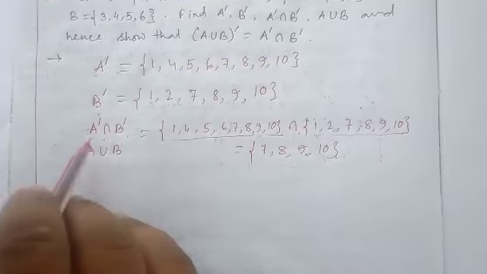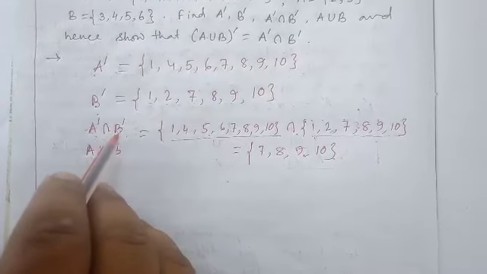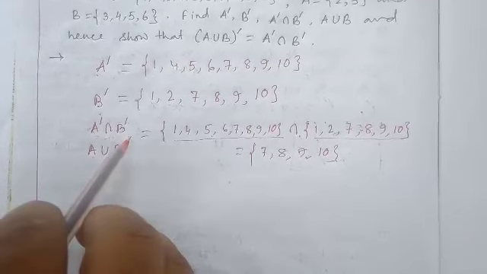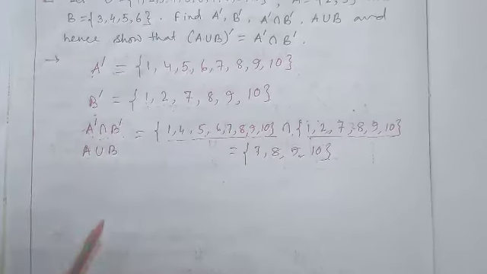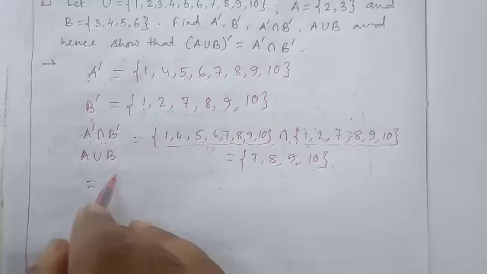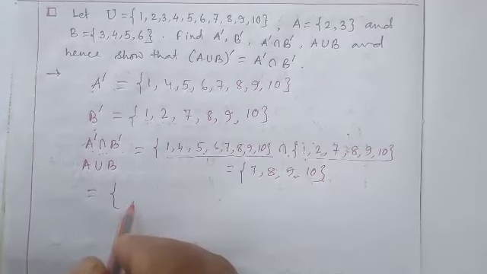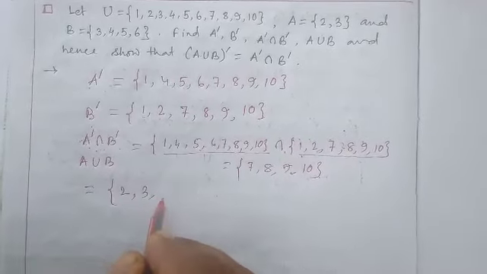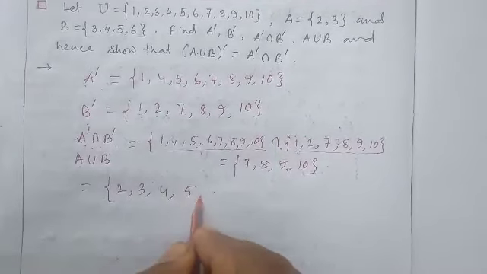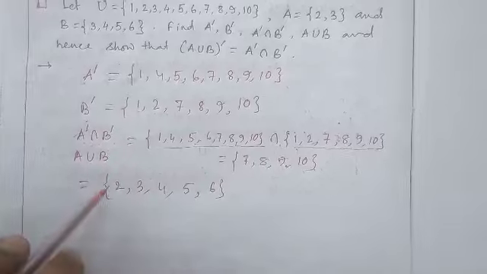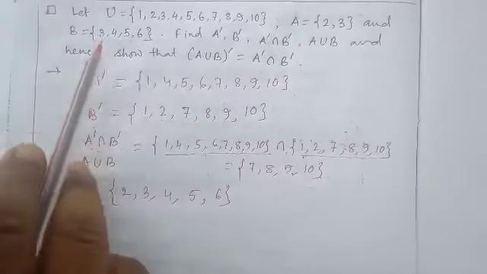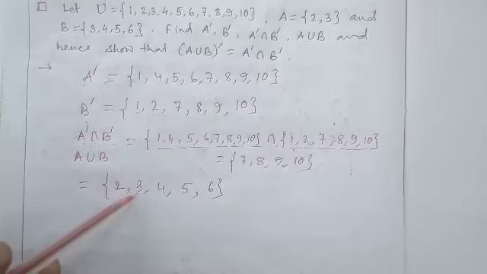This is your A complement intersection B complement. Next one, A union B: which one is your A union B set? 2 3 4 5 6, all the elements of A and B, and you write the common element 3 only once.